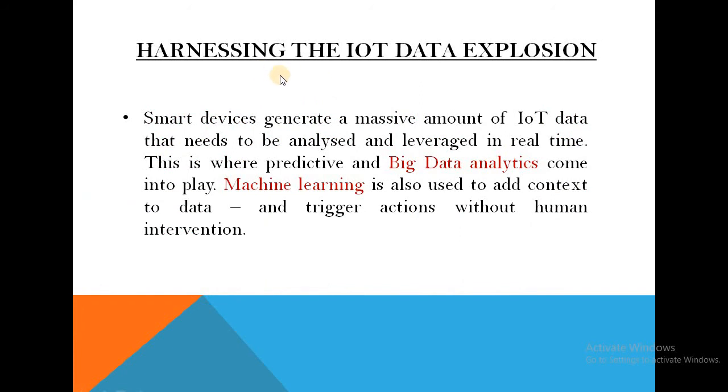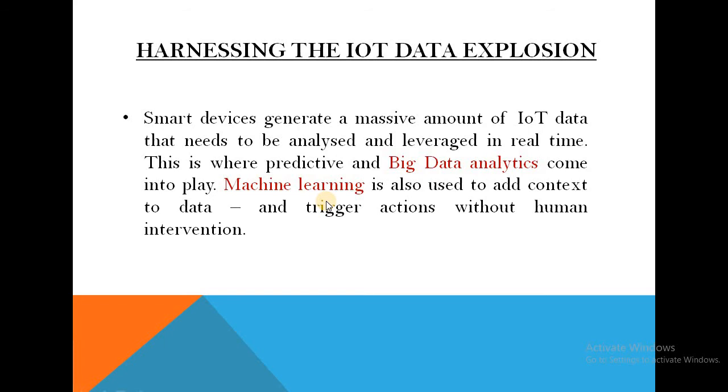Harnessing the IoT data explosion: smart devices generate a massive amount of IoT data. This massive amount can be handled with two technologies, big data analytics and machine learning. The data is analyzed with the help of predictive analysis performed by big data analytics, and here machine learning comes into play.